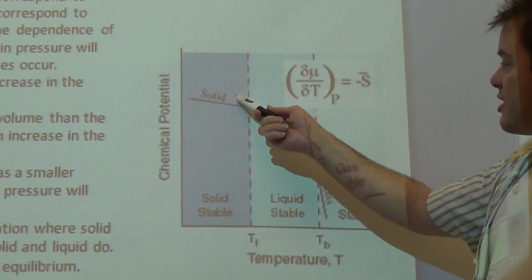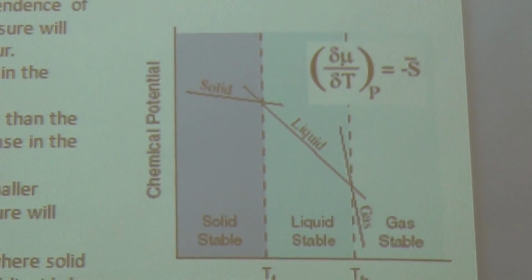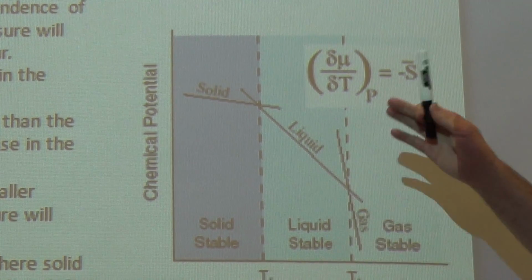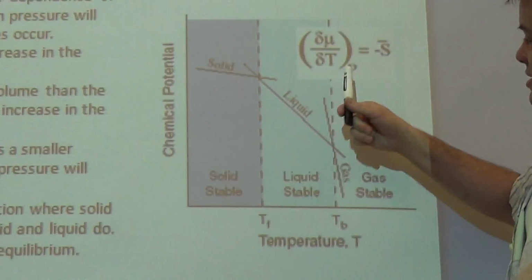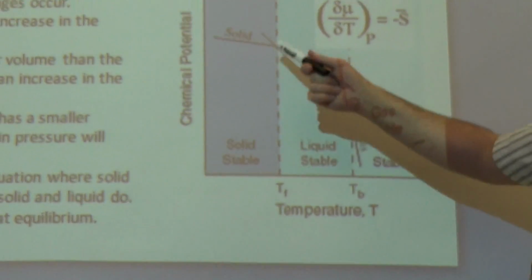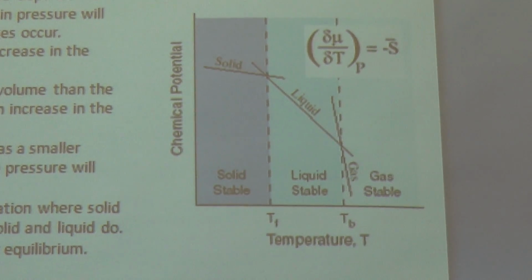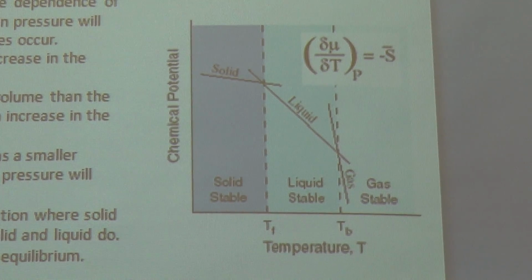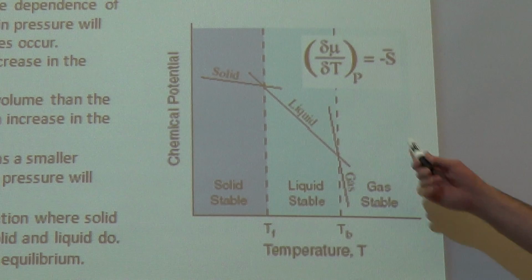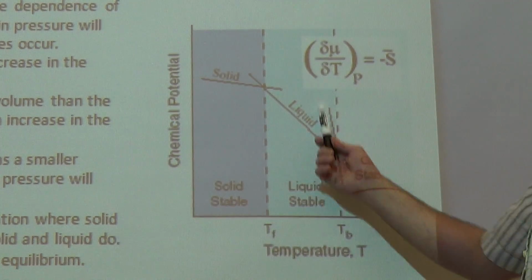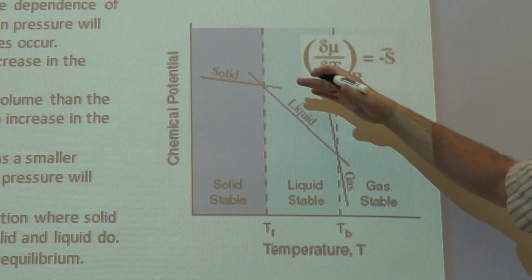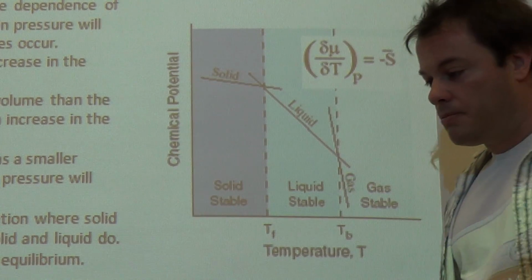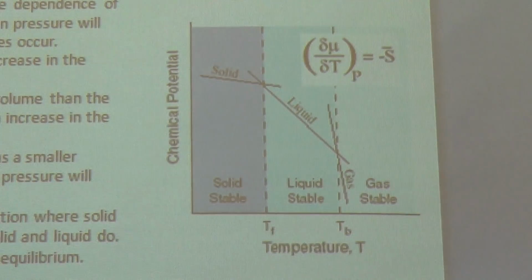The liquid phase tends to have less disorder than the gas phase, and so it would have a slope that was less than the slope of the gas phase, and the solid phase had even less disorder, a lower entropy than the liquid or gas, and so the slope of the Gibbs free energy of the solid with respect to temperature would be lower, right?